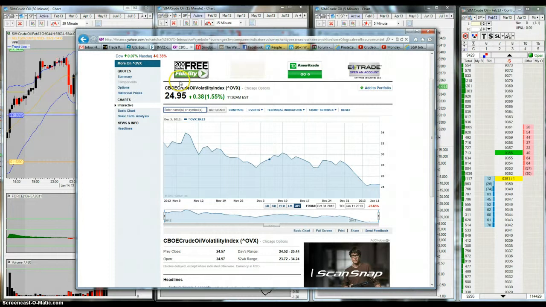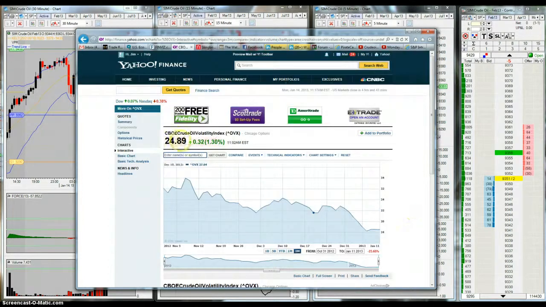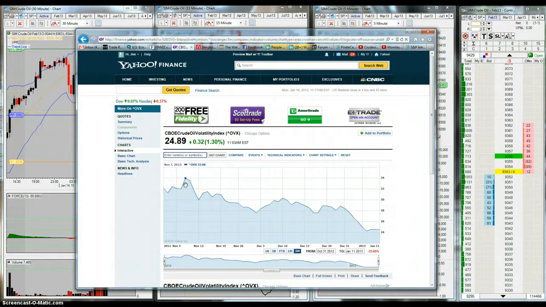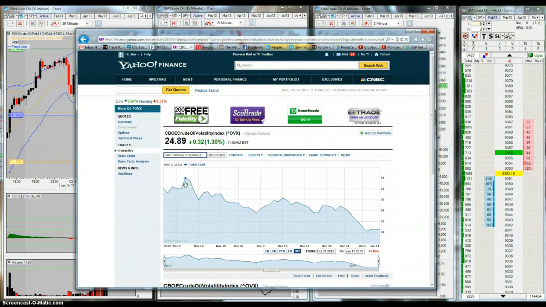This only goes back 3 months, but you can see that it's down around 25 right now, and it was up to like 34. So on an intraday basis, which is how I'm trading, if the VIX is 34, you're going to have a wider range throughout the day. And with my type of trading, you want to have a wider range.